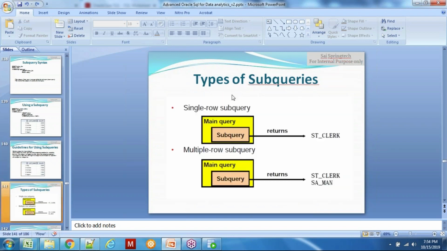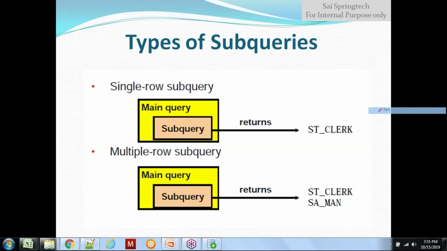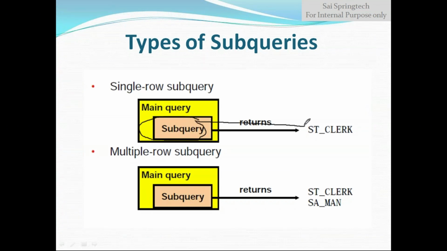Let's go to the next slide. Now, two different types of subqueries: a single row subquery and a multiple row subquery. Single row subqueries are queries that return only one row from the inner select statement. This particular query will return only one row.